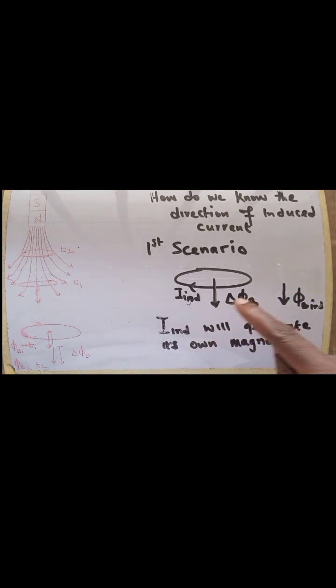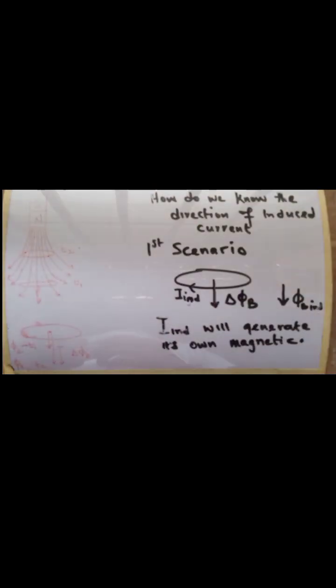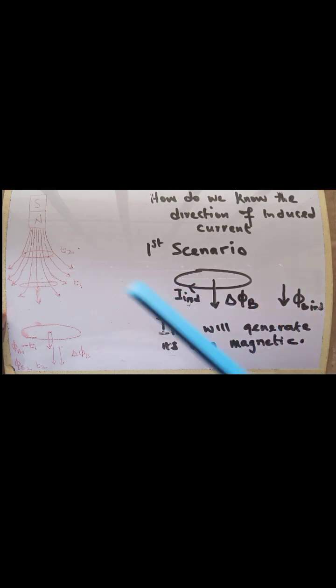Now, when the current goes through in this direction, we use our right hand rule. So the direction of the magnetic field will point downward, which will give us this one. So what you notice is that the induced magnetic flux points downward, while this one also points downward. So they are going to support each other.